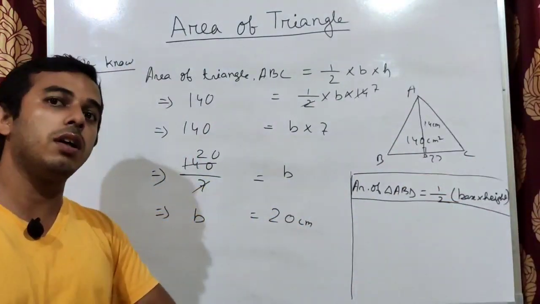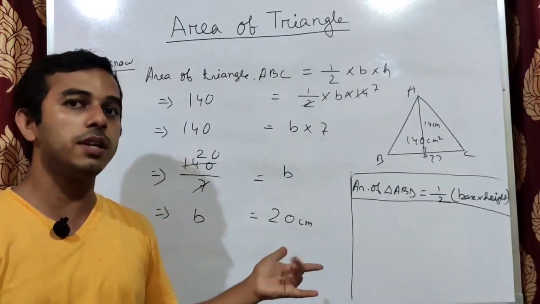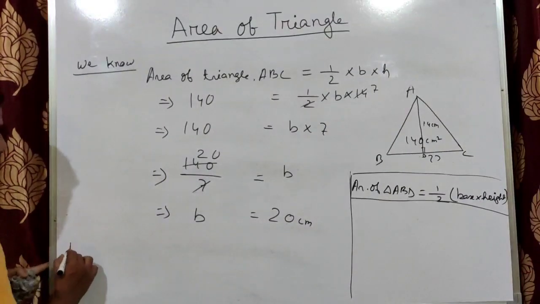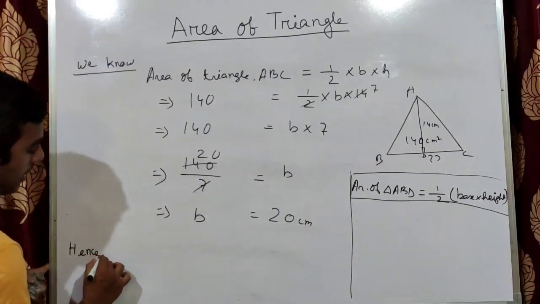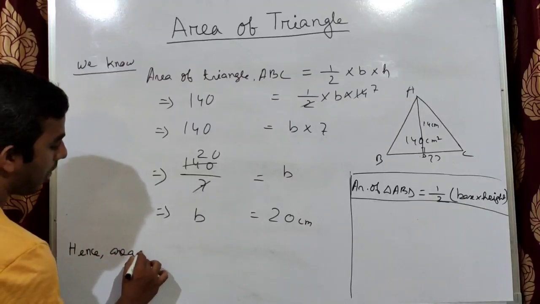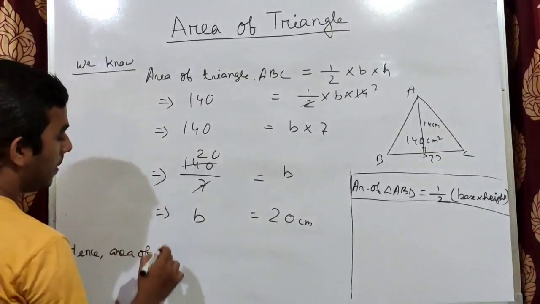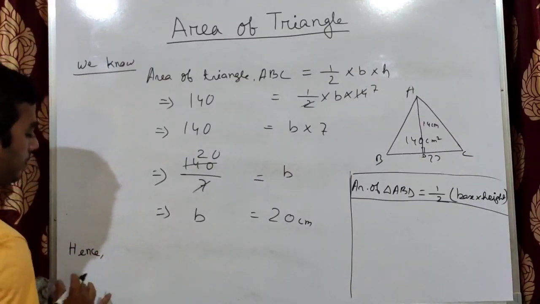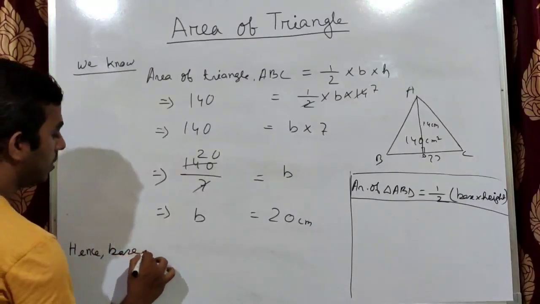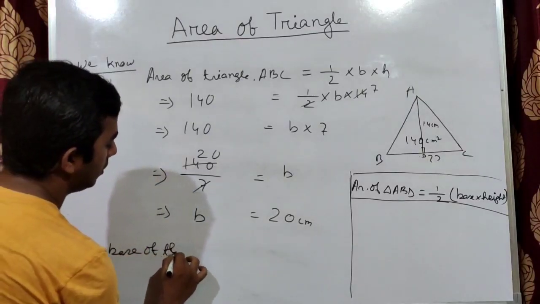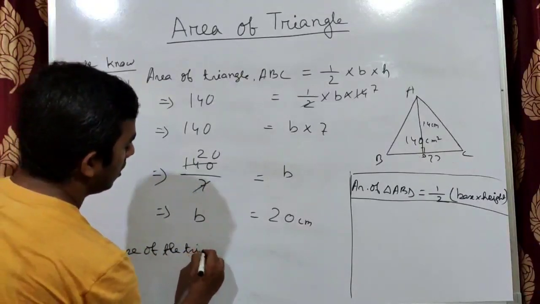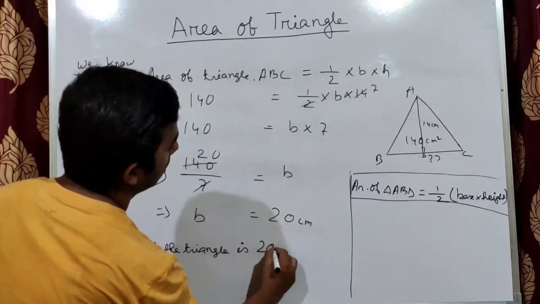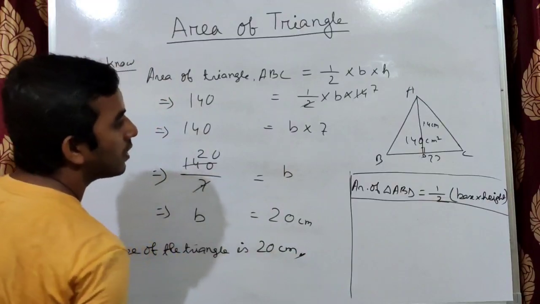So this will be the same, right, because we are considering the same area and same altitude. So we write, hence base of the triangle is 20 centimeter. Clear?